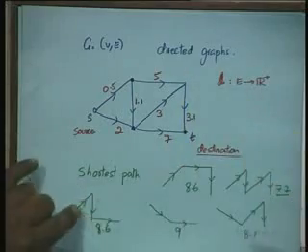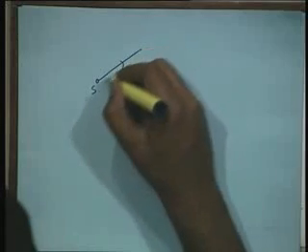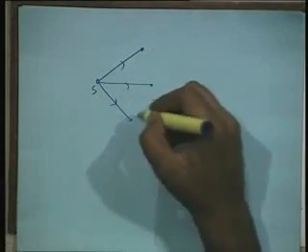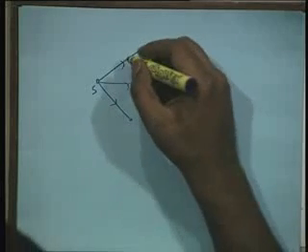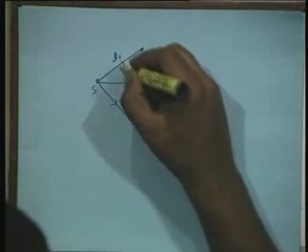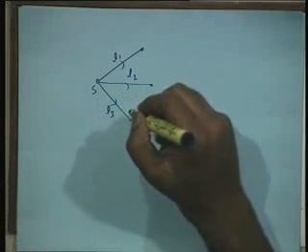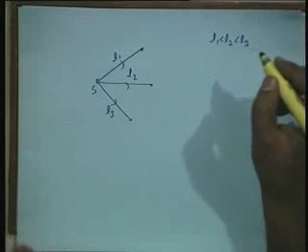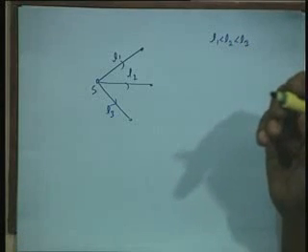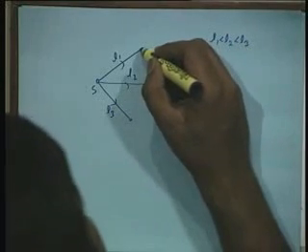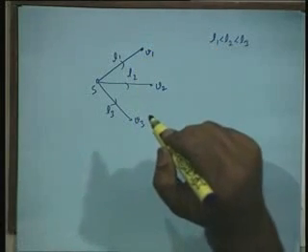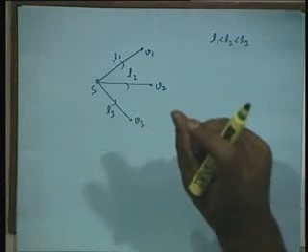But we know for a fact that, if these are the three adjacent vertices, and suppose these lengths were L1, L2, L3, right? Let's assume L1 is less than L2 is less than L3. Then I know for a fact that the shortest path from S to V1 is L1.